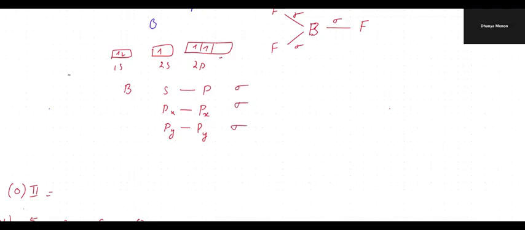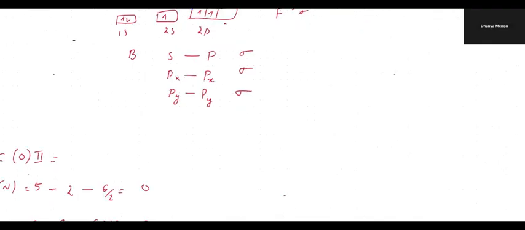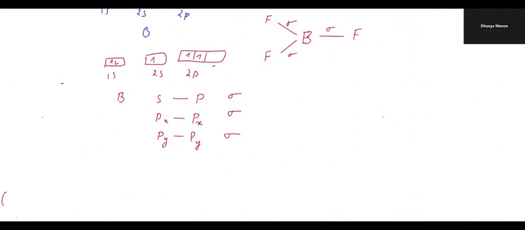You can also consider along the z axis, pz sigma bond. So these are the 3 sigma bonds that are formed in boron fluoride. I hope this is clear.